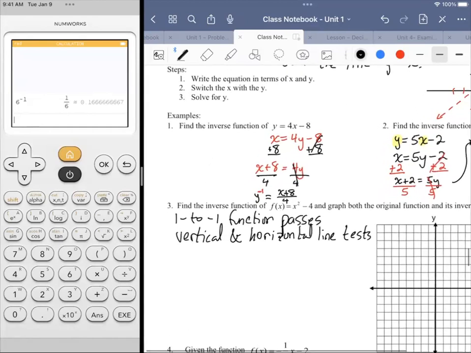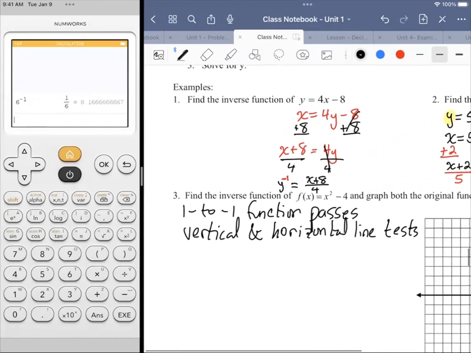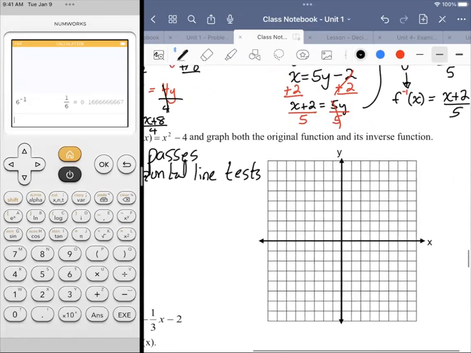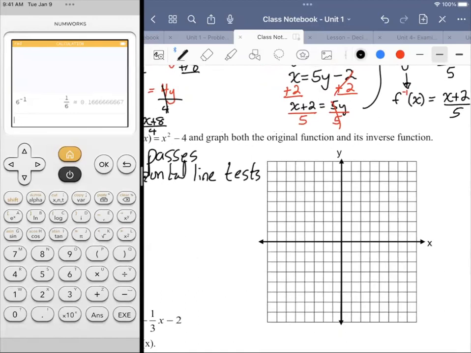So I'll just draw a quick parabola here. I'll do it on the grid because it seems like that's what they want us to do. Y equals x squared minus 4. You can put that in the calculator and get points, but I'm just going to do it real quick because that's not really the point of the question.